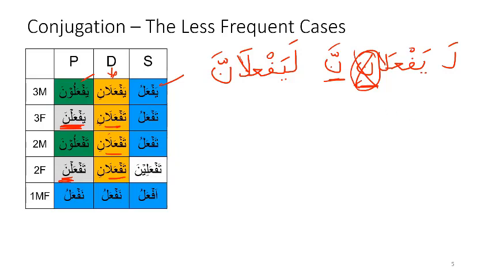So with yaf alna, let me just write this first. Yaf alna. So I'll add a lam fatha in the beginning and then a noon shadda at the end. So the way I'm going to do this is we can't obviously have three noons.